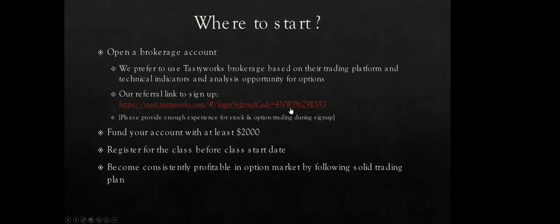Intrinsic value means, for example, Microsoft stock was 150. You bought a call for 160. Now Microsoft stock is 165.